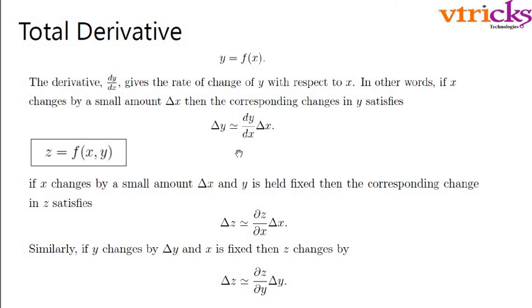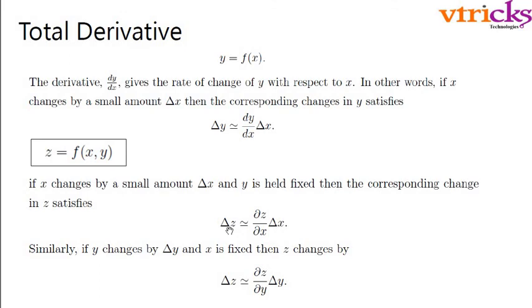So this is the expression we get for a function of a single variable. Now when z is a function of two variables, say z is f of x comma y, I am telling that x changes by a small amount delta x and y is held fixed. Then the change in z is just like the change in x, the same thing as we had for a single variable. We have kept y as a constant.